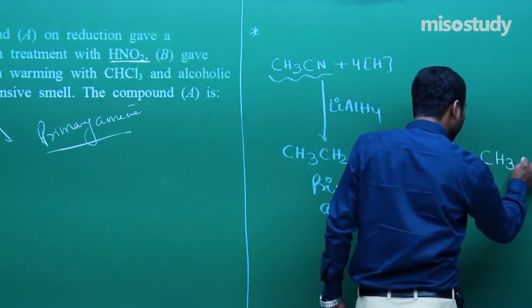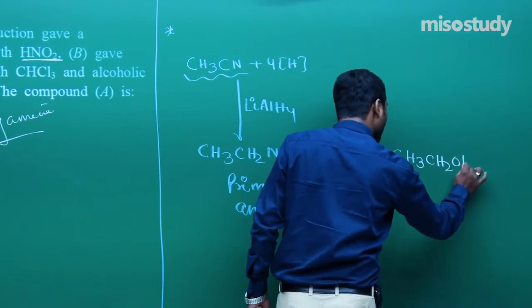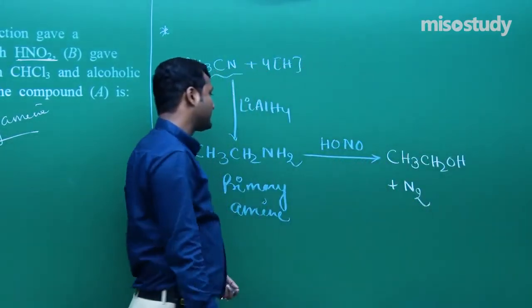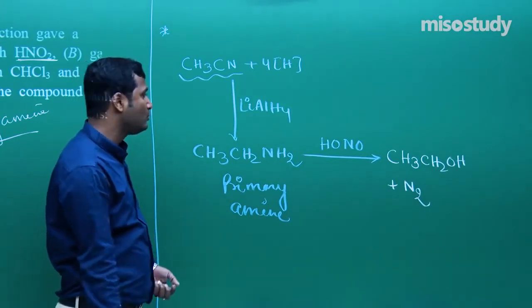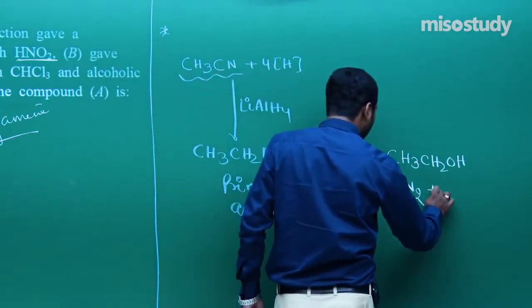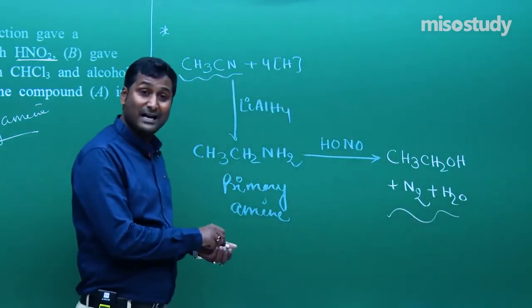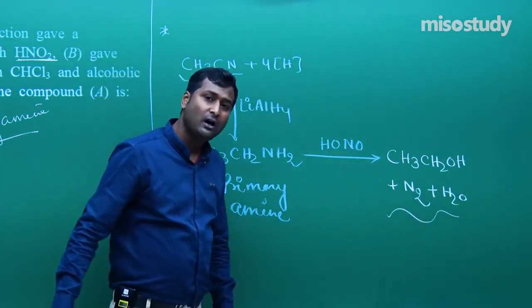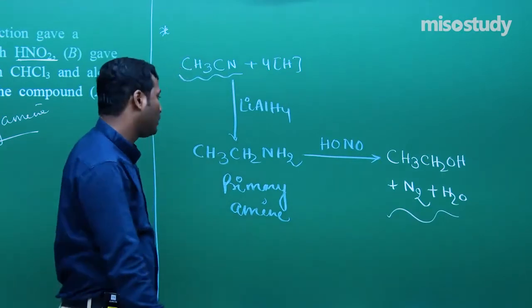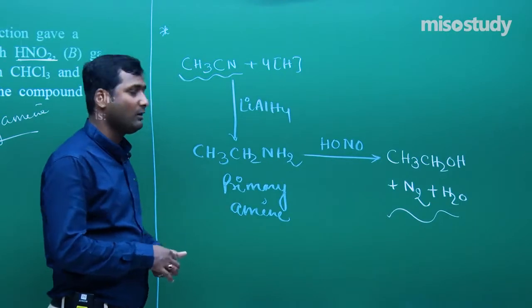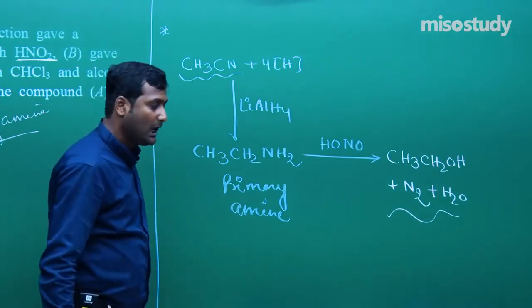CH3CH2OH plus N2 plus H2O. As I told you earlier, if you do not know the mechanism, no issue, put plus and minus signs. This is not a mechanism, I am just giving you a hint so that you can easily proceed with the reaction.